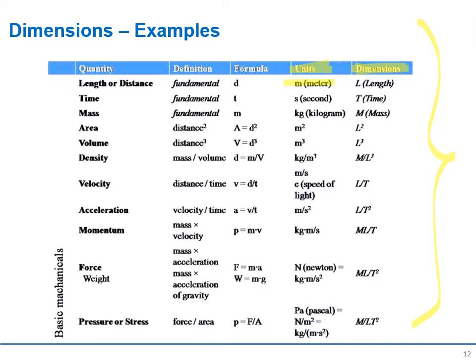Length we measure in meter, with dimension L. Time we measure in second, mass in kilograms, area in meter square, volume in meter cube. Density is mass over volume, so we measure mass in kilogram and volume in meter cube. Density will have units kilogram per meter cube, and its dimensions will be M divided by L raised to the power 3.